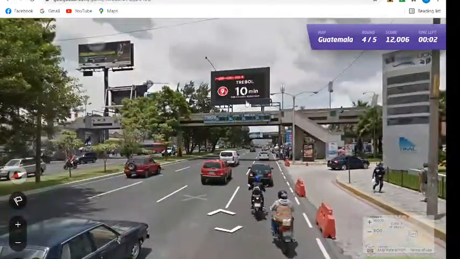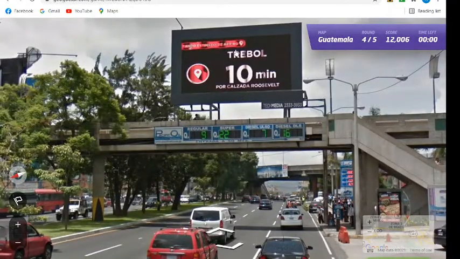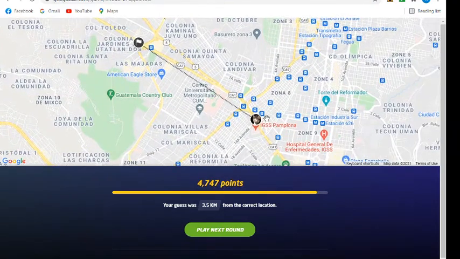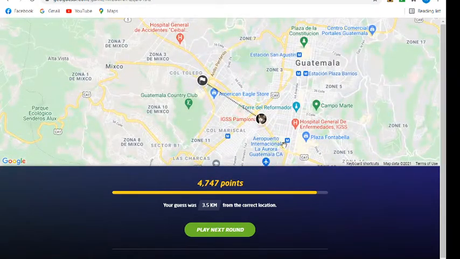Tikal Futura, Trebol, 10 minutes. Okay. Yeah, so it was on this general kind of large strip here.